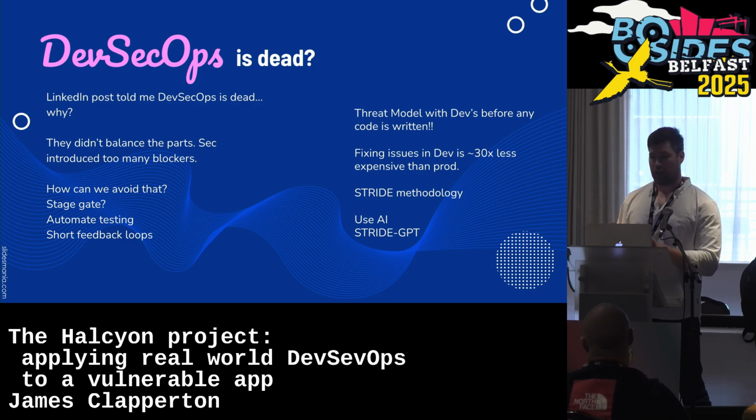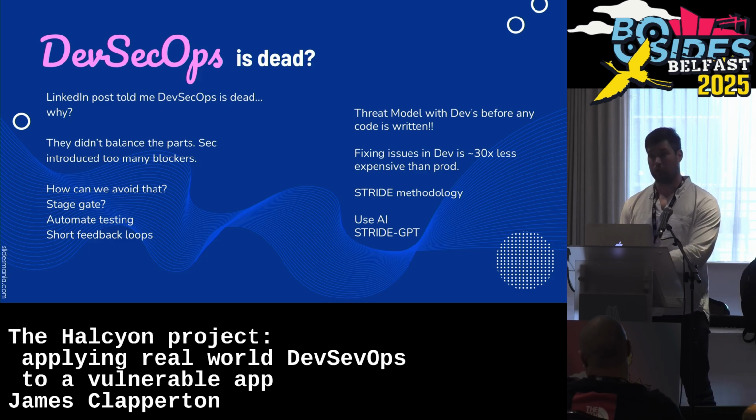Most of the issues that have cropped up with Juice Shop, because it is a known vulnerable app and it is designed to be vulnerable from the get-go, really could have been mitigated by a proper threat model. I'm not going to tell you how to threat model. You could use something like the STRIDE model to go through all of those things. But fixing issues in development is 30 times less expensive than in production.